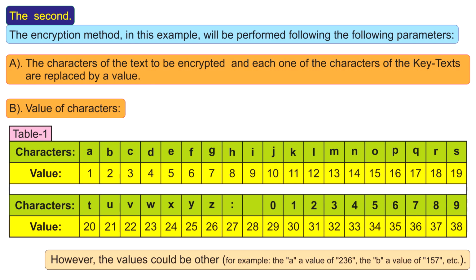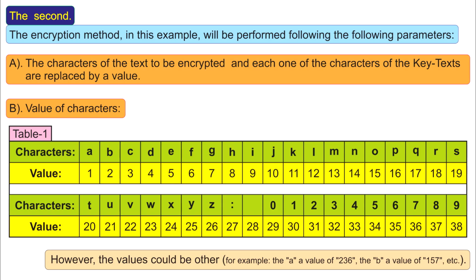The second. The encryption method, in this example, will be performed following these parameters. A. The characters of the text to be encrypted and each one of the characters of the key texts are replaced by a value. B. Value of characters, see Table 1.